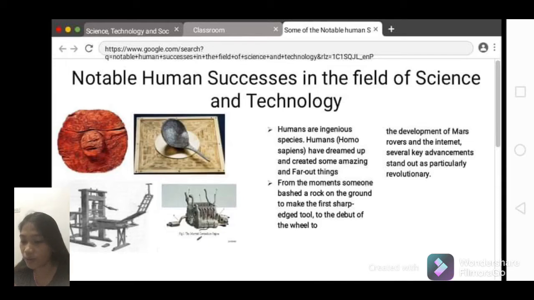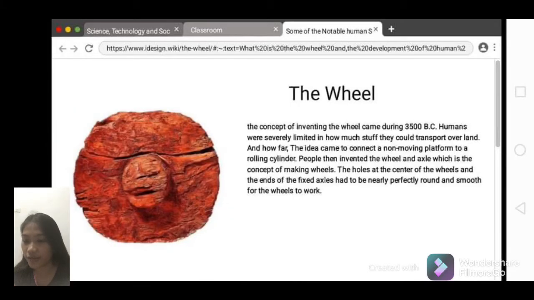Here are some most important inventions of all time, along with the science behind the invention and how they came out. First, the wheel. The concept of inventing the wheel came during 3500 before Christ.